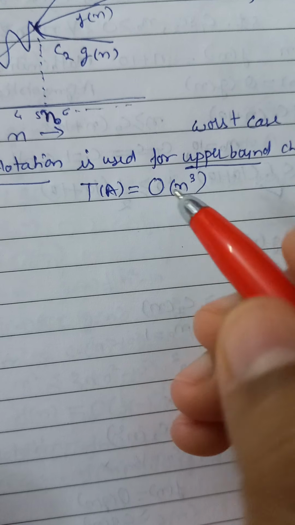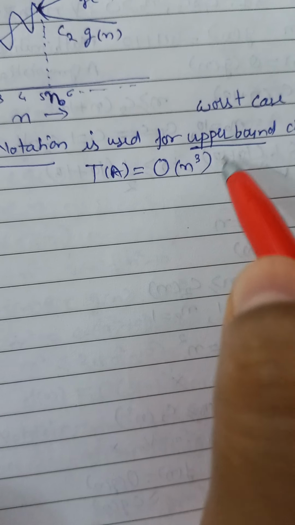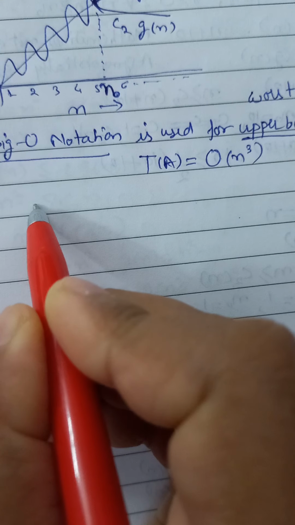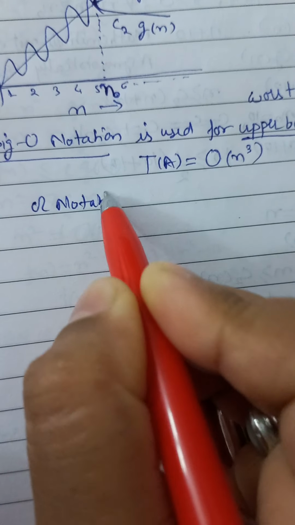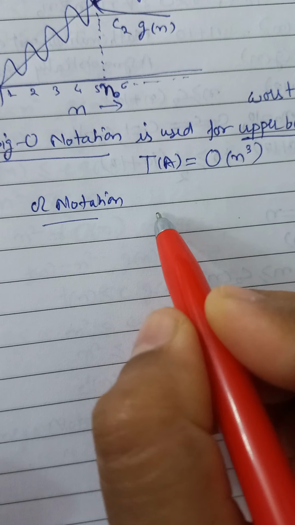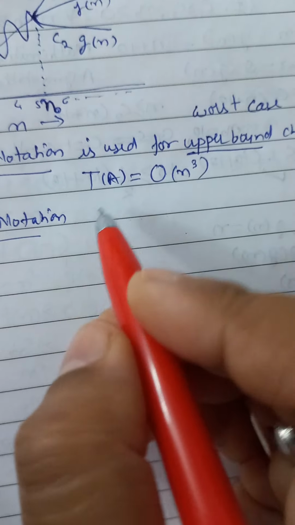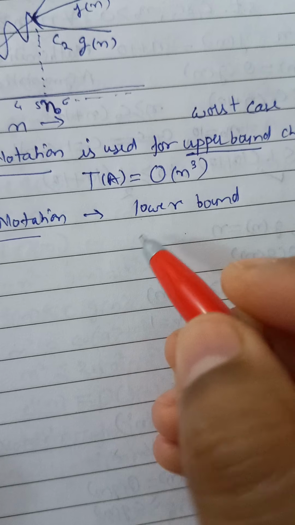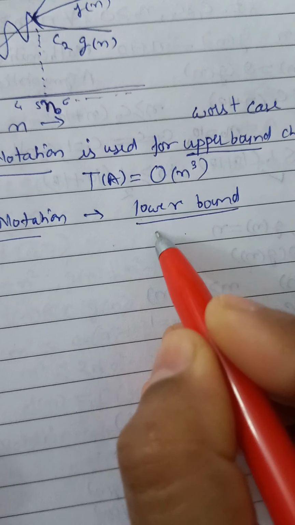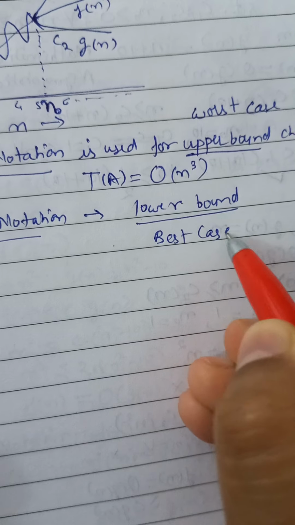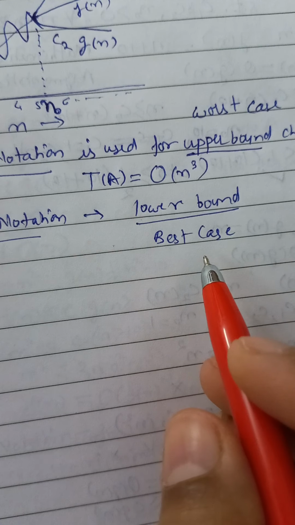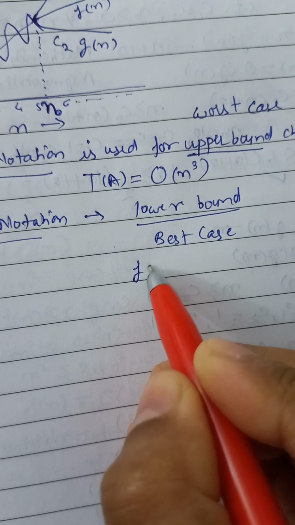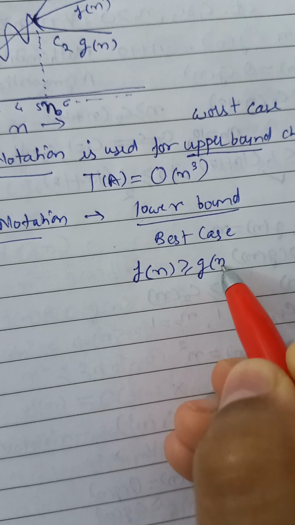and because this is used for worst case complexity. And in the similar way, omega notation is used for lower bound, or we can say we check the time complexity for best case, because what we have in omega notation, we have the condition like this.